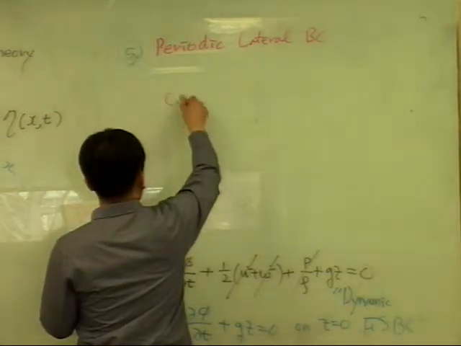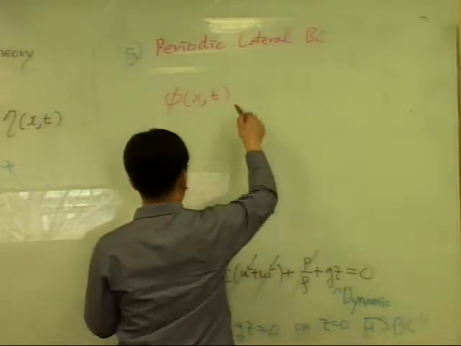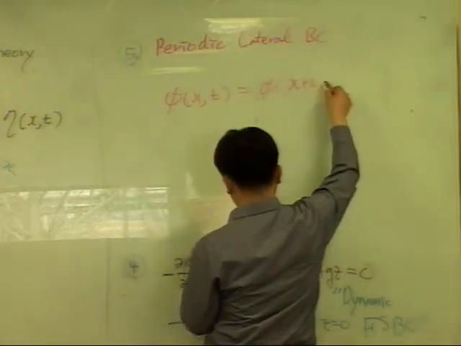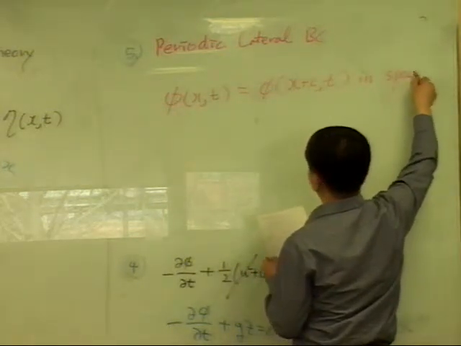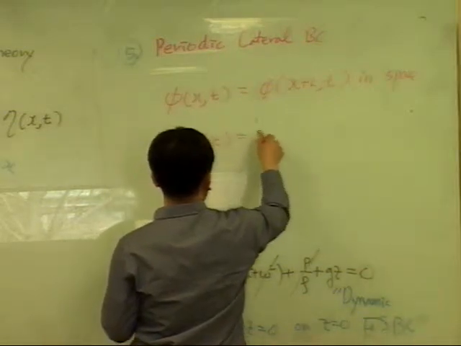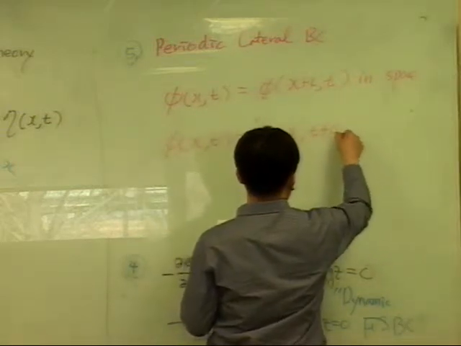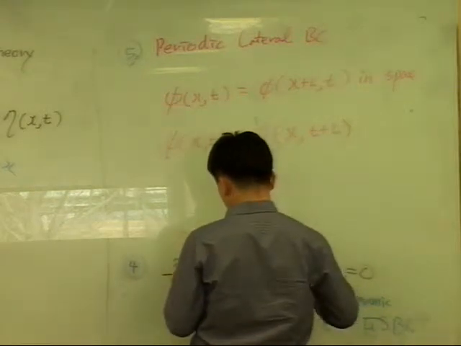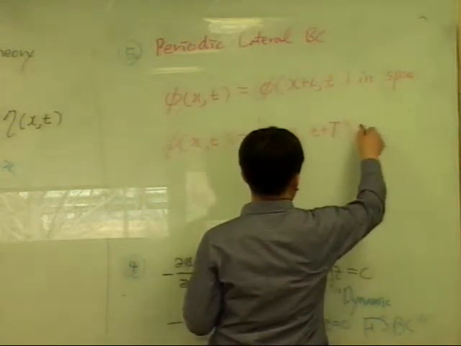It means the potential function should be periodic, x plus L in space, and this potential function is periodic. So T, sorry, it's not L, T, in time.